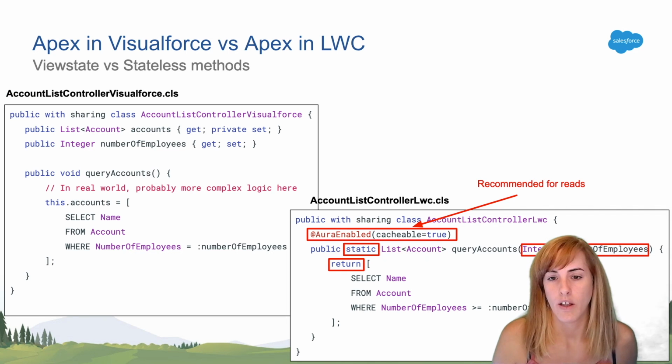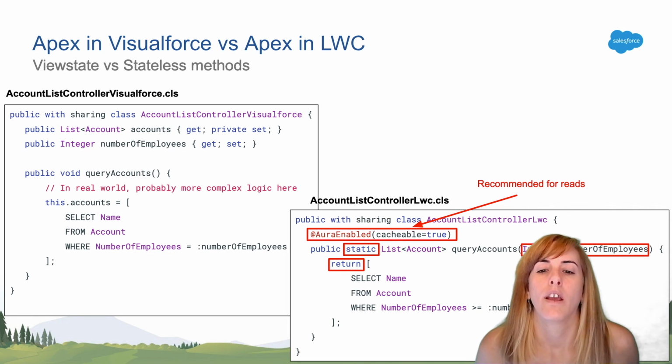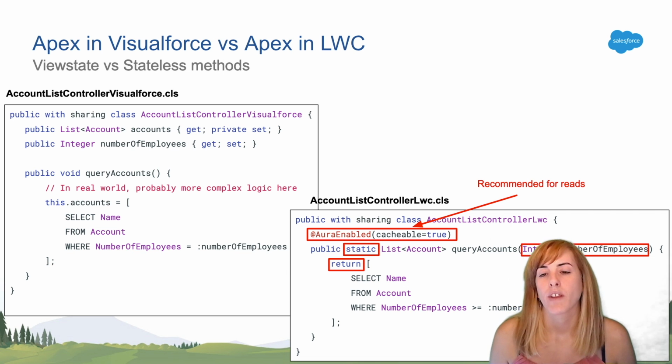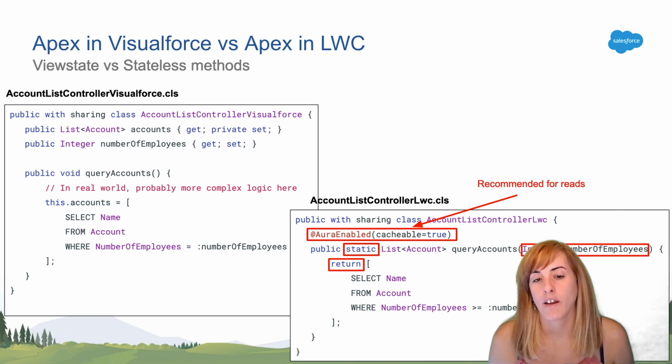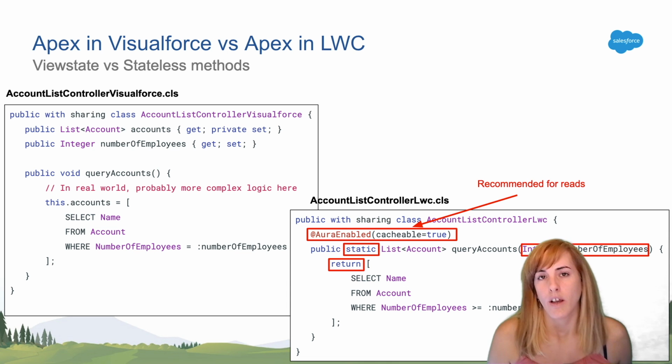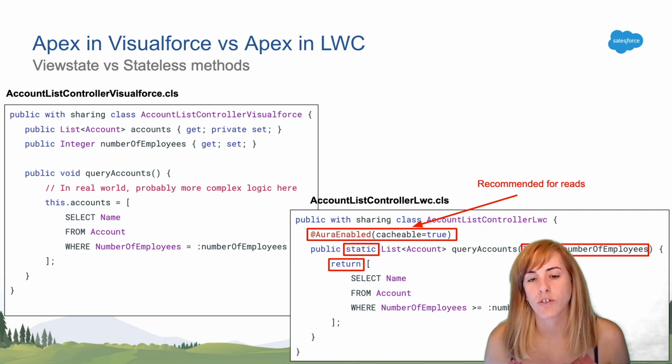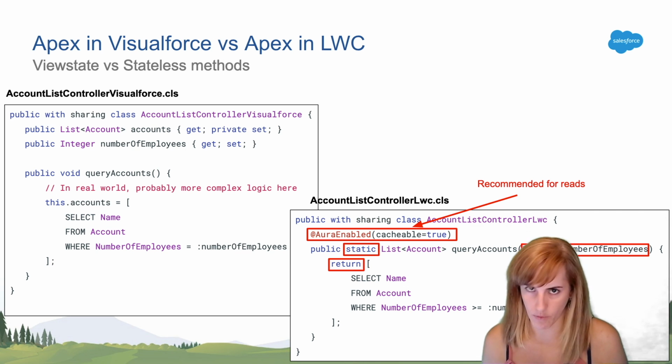So using Apex is kind of similar to what we did in Visualforce. However, there are some things that you are going to change because of the nature of the architecture of Lightning Web Components.